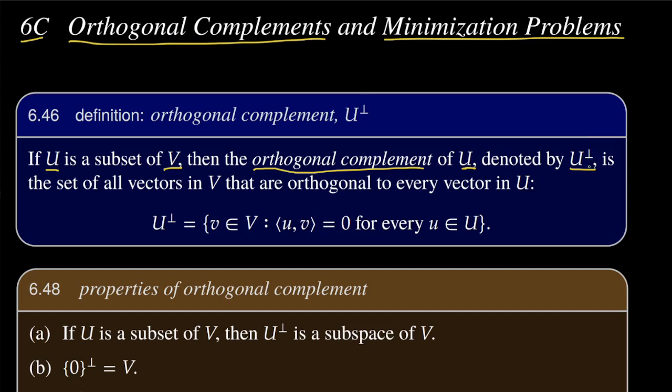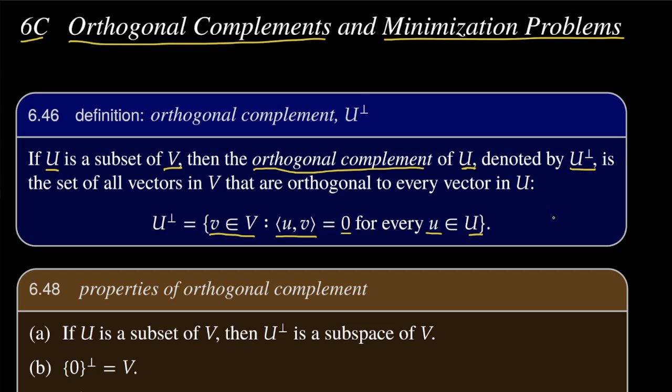Like two lines intersecting at a right angle. So U perp, the orthogonal complement of U, is the set of all vectors that are orthogonal to every vector in U. Easy way to write this, U perp is just the v's in V such that the inner product of u with v is equal to 0 for every u in U. All right, so nothing too crazy.